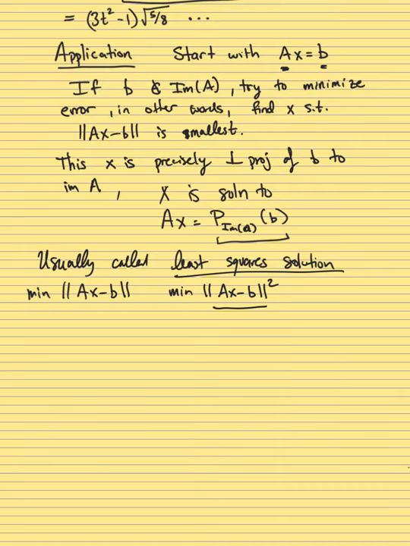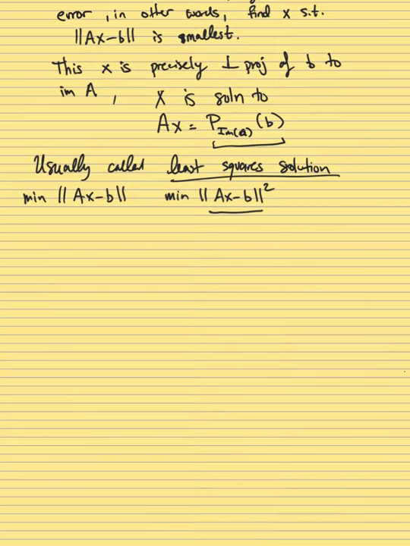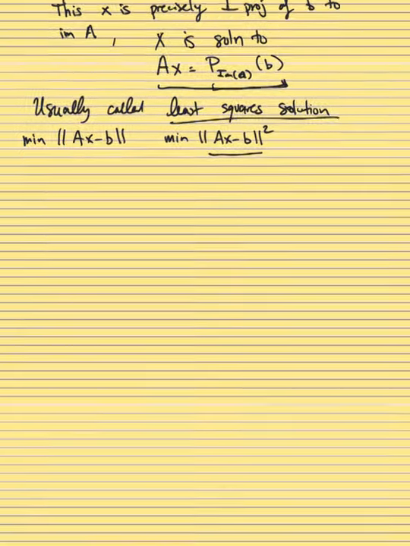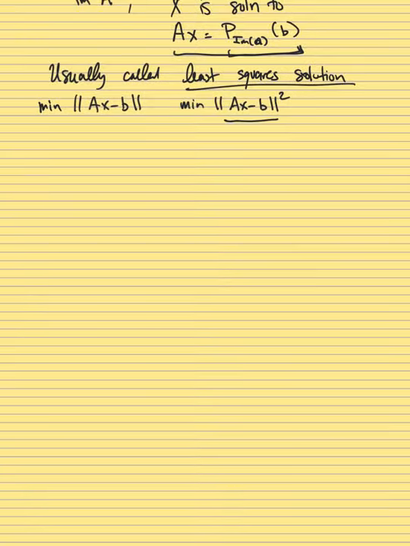To find the solution, we know how to do this: find an orthogonal basis for the image of A, define the projection of B onto it, get a vector, and then row reduce to see what vector x maps onto that projection.